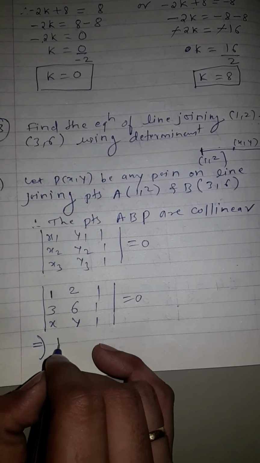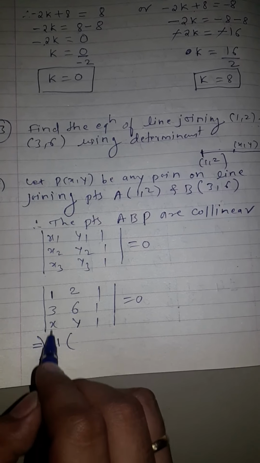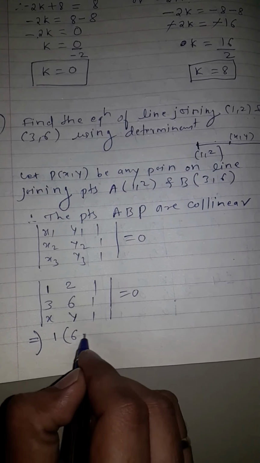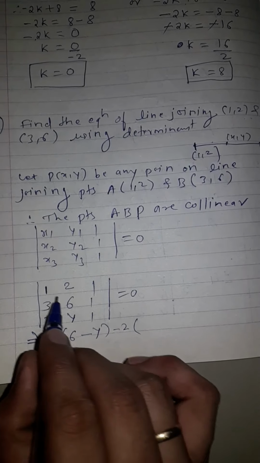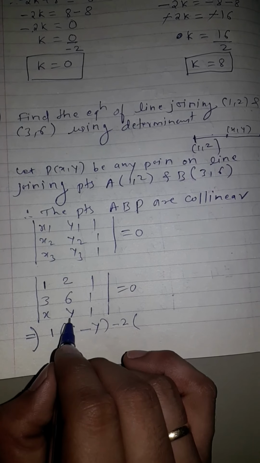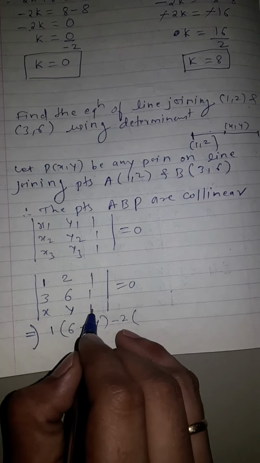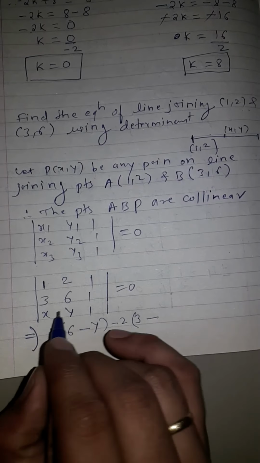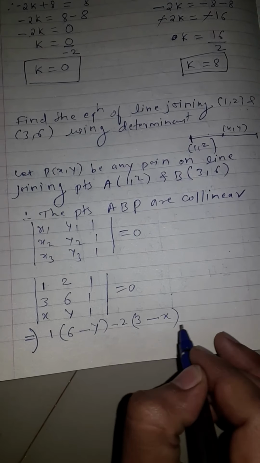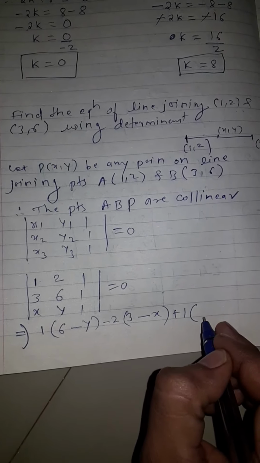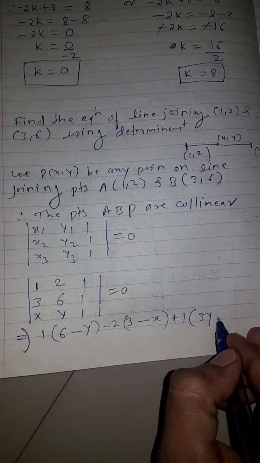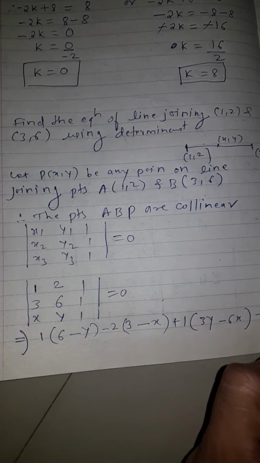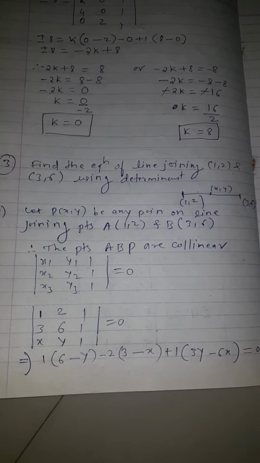So 1 into, leaving the first row first column, 6 into 1 minus y into 1, minus 2 into, leaving the first row second column, 1 into 3 minus x into 1, plus 1 into, leaving the first row third column, 3y minus 6x, which is equal to 0.